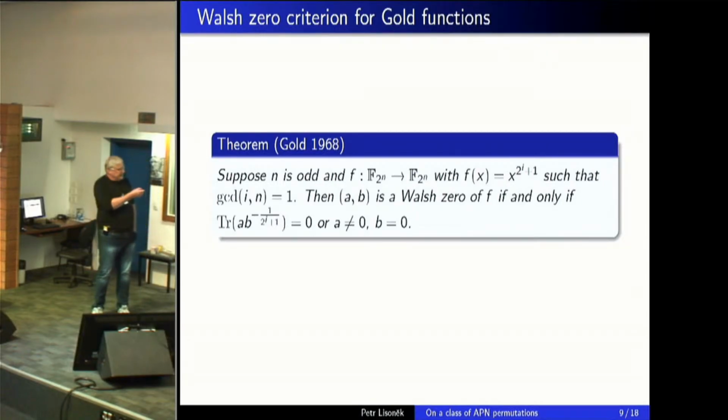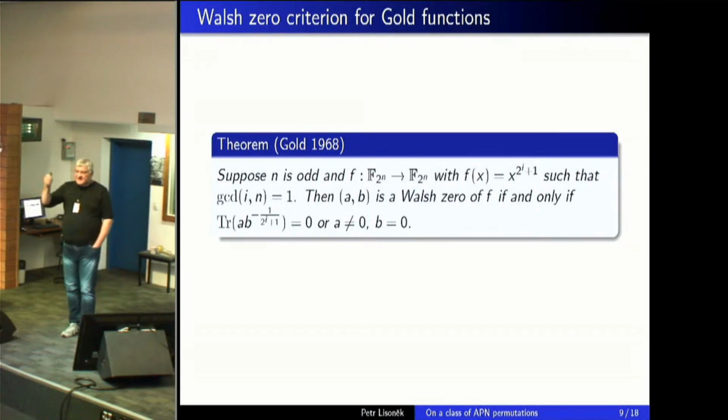So there's the characterization. It doesn't appear exactly like that in the Gold paper, but essentially it's there. There were some subsequent papers that filled in some more details, but it essentially comes from that paper. So you see the condition is relatively simple, so that helps us a lot.